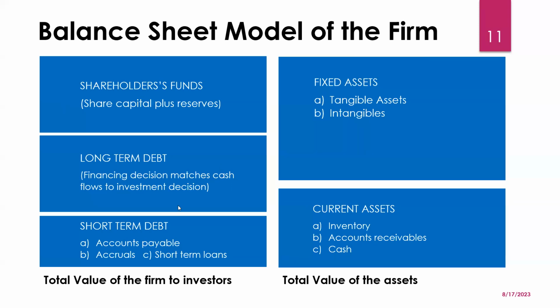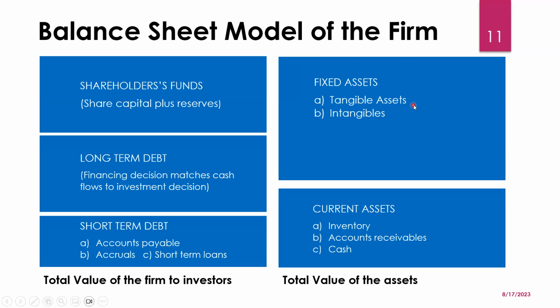So here I have given you the balance sheet model of a firm. Here you can identify the assets on one side, and firstly, on the top, we put the fixed assets. The fixed assets can be categorized into two types: the tangible and the intangible.